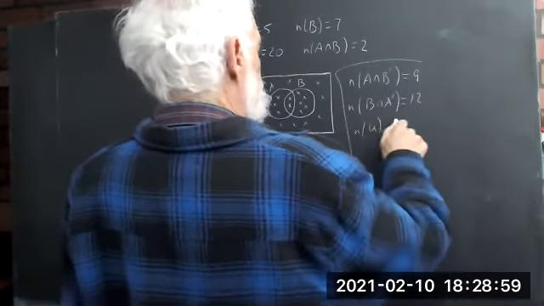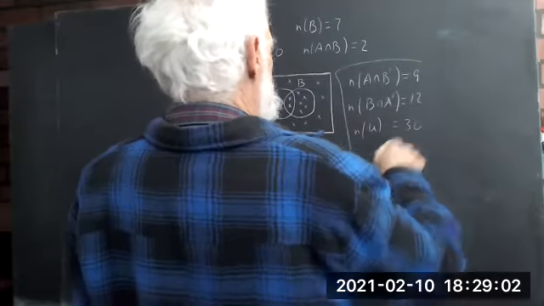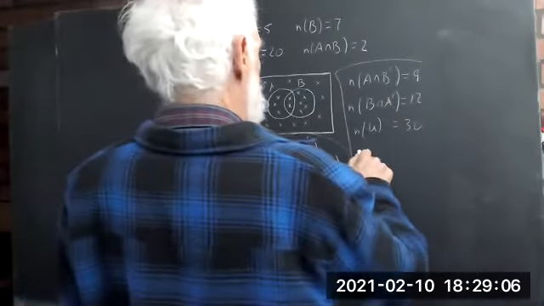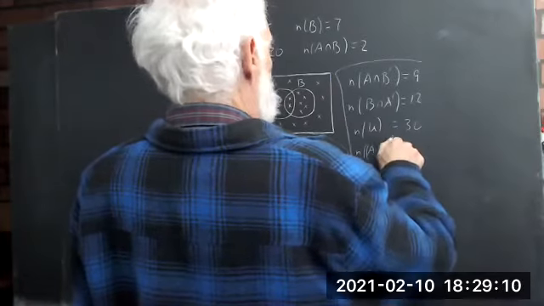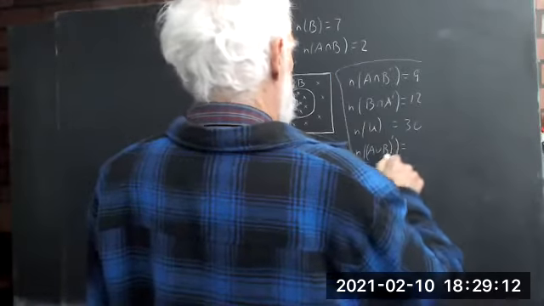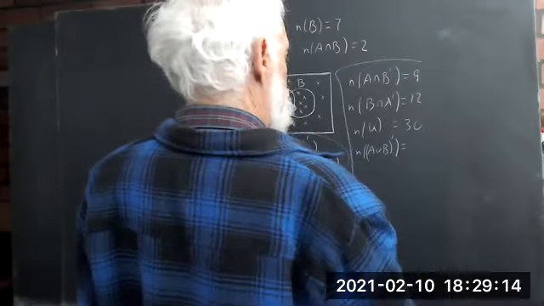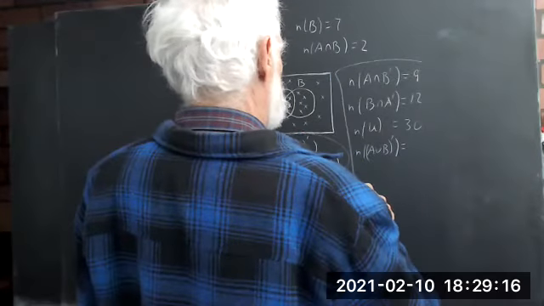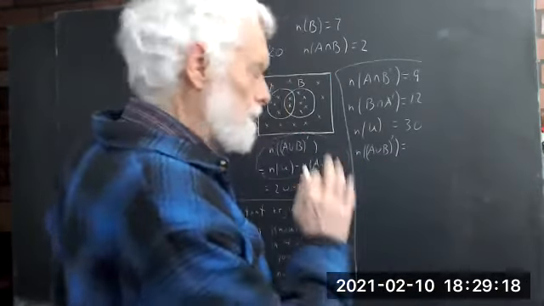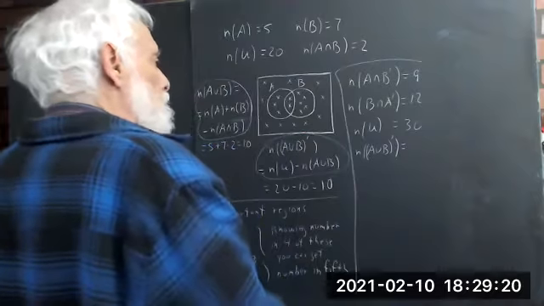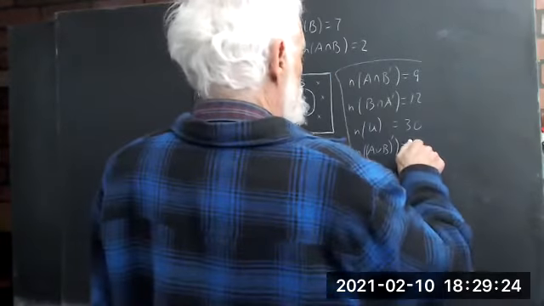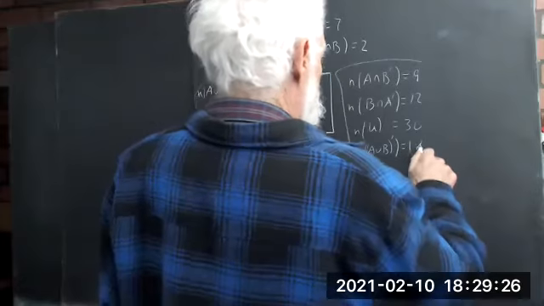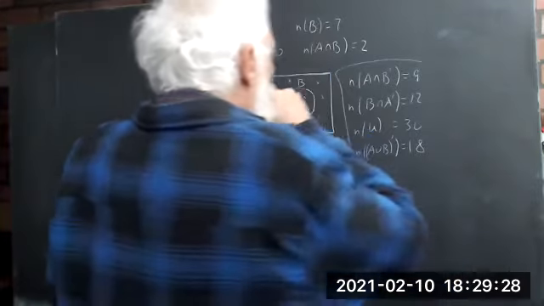The number in the universal set is, we'll say, 30. And the number in A union B prime is, I've got to be careful to give you a positive number. That can be just about anything. Say 18.